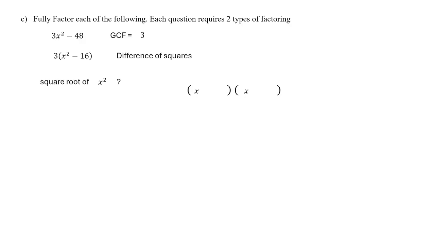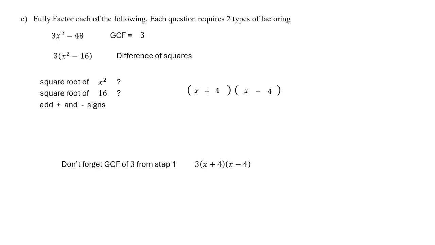The square root of 16 is 4. Put in our plus and minus signs. And don't forget to add our greatest common factor to the beginning for a completed answer of 3(x plus 4)(x minus 4).